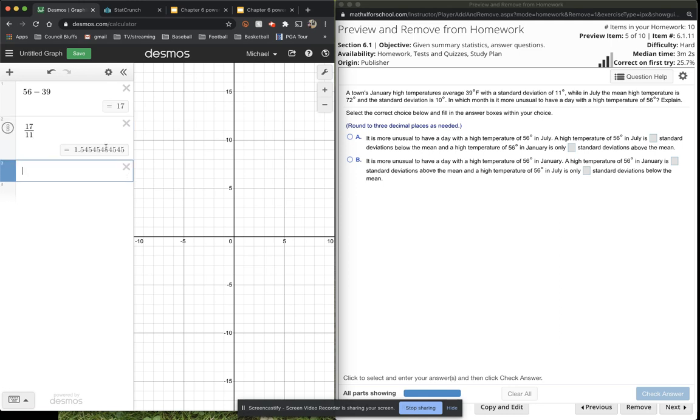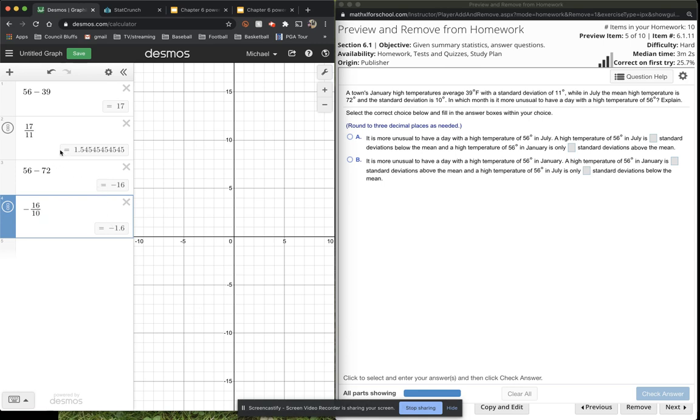Now we're going to do the same thing for July. Again, our data item is 56 degrees, but now we subtract the mean for July, which is 72 degrees. And we divide that by the standard deviation for July, which was 10, and we get negative 1.6.